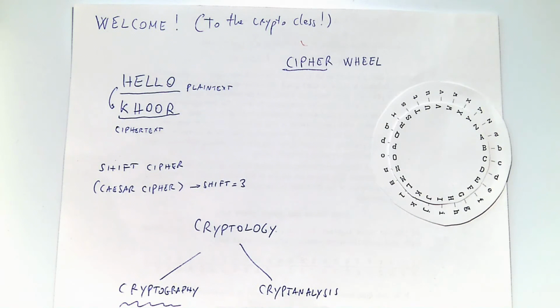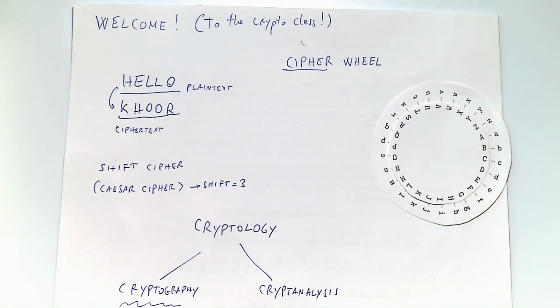Obviously, even you yourselves can think, okay, how can I do it better, right? This is a very simple method. All it takes is 26 attempts to break, but can I do it better? Why do I have to shift everything by the same letter, for example? I could make this more secure if I used different methods for each letter.